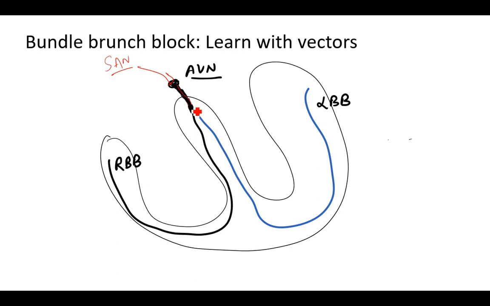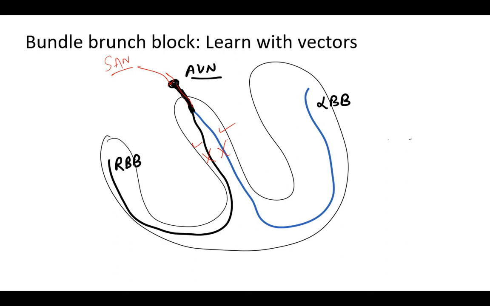Now a block can be anywhere, in the left bundle branch or in the right bundle branch. So what will happen to these cardiac vectors when there is a block on either the left side or the right side?